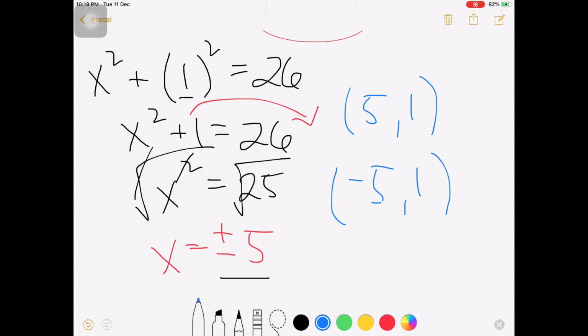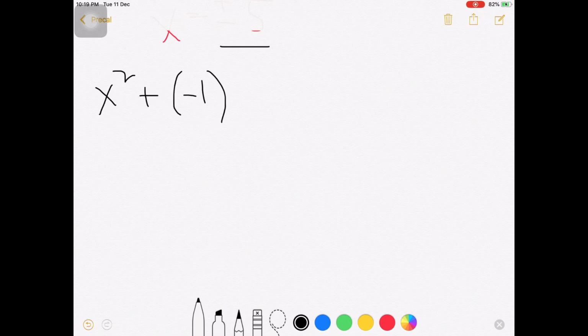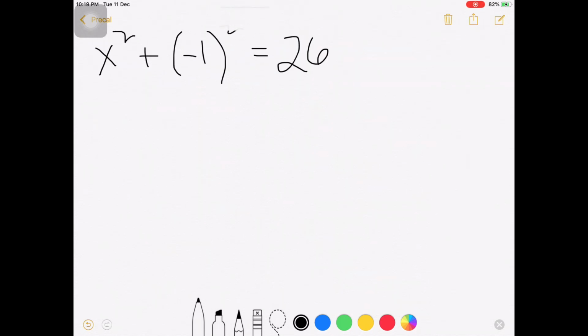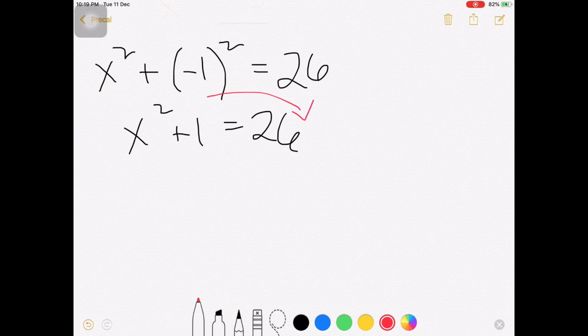Next, we have to substitute negative 1 in our y. So we just have to use the same equation, x squared plus, now we have to substitute negative 1 squared, is equal to 26. Now, negative 1 squared is also 1, so x squared plus 1 is equal to 26. As what we did a while ago, we have to transpose 1 as well to the other side.